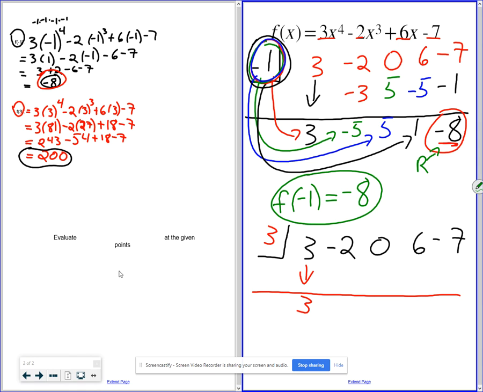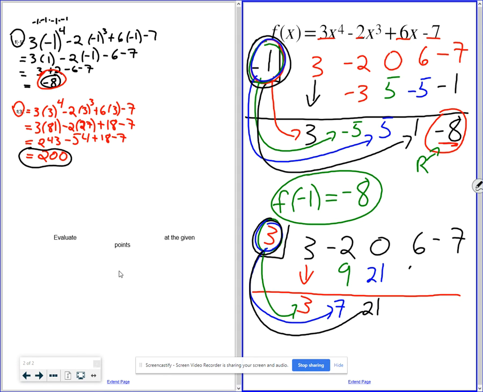So 3 times 3, we know is 9. -2 plus 9 is going to end up being 7. 3 times 7 is 21. 0 plus 21, that's still 21. 3 times 21 is 63. 63 plus 6, I should have said it that way, is 69.